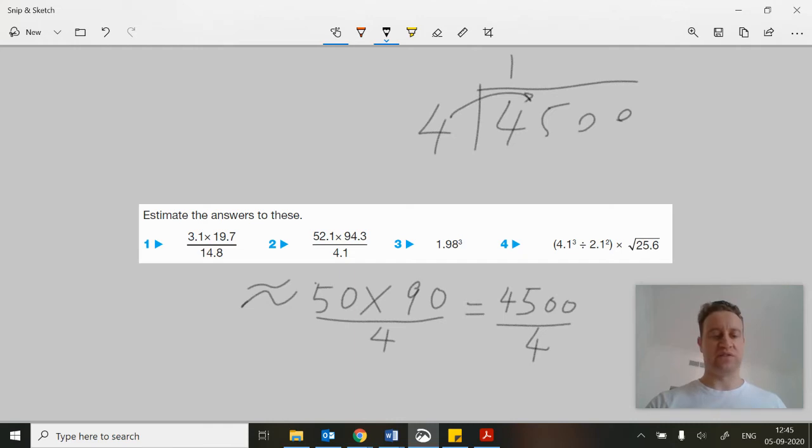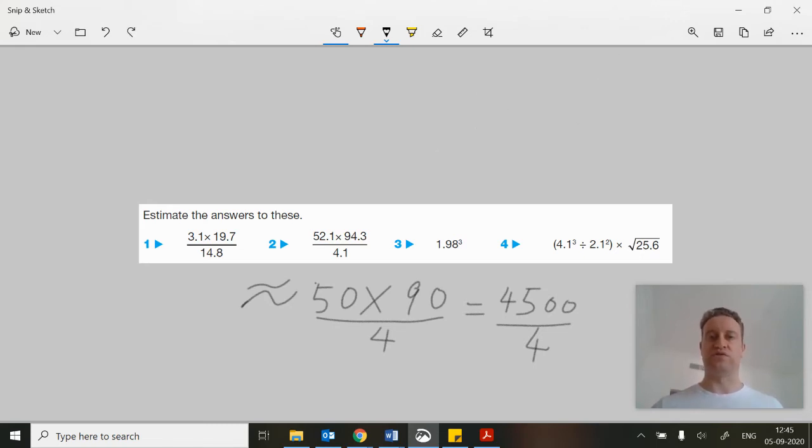How many 4's go into 5? Goes once. 1 times 4 is 4, so there's a remainder of 1. The 1 can go there. 4's into 10 goes twice, with a remainder of 2. 4's into 20 goes 5 times. So you get an answer there of 1,125.